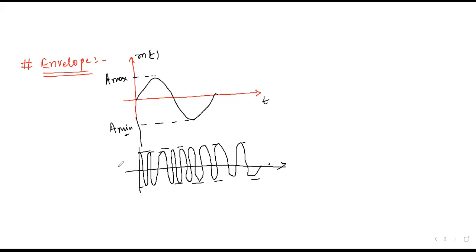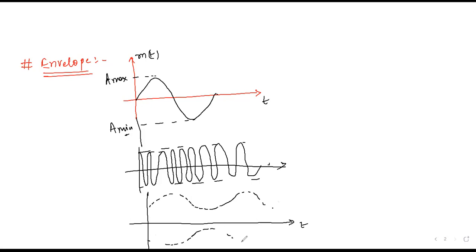Now what will happen actually? Output is modulated. So the carrier signal is modulated according to your message signal. So this looks like this. This is your envelope.